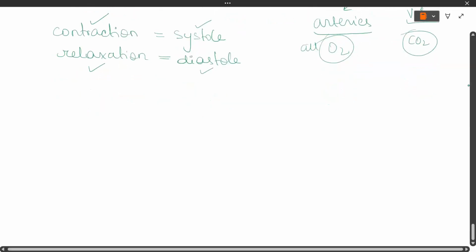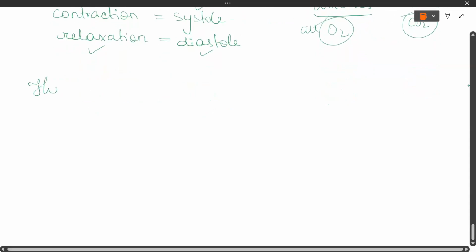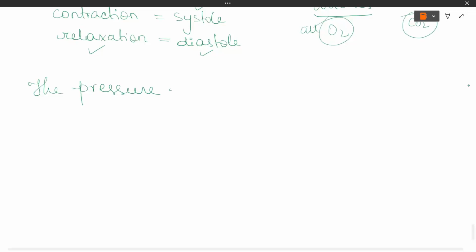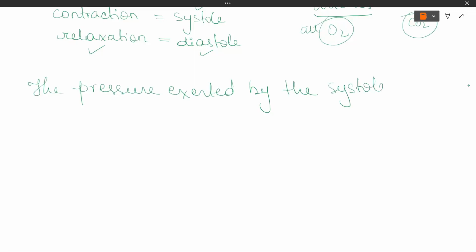So the pressure exerted by the systole, and by systole I mean contraction, is known as systolic pressure.